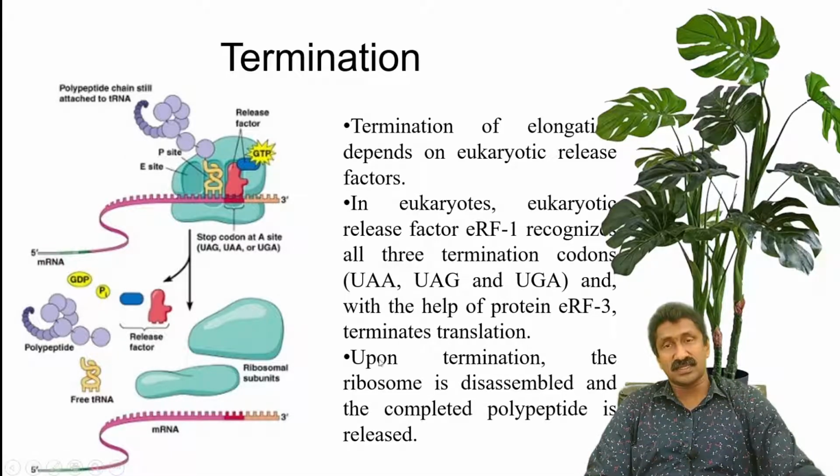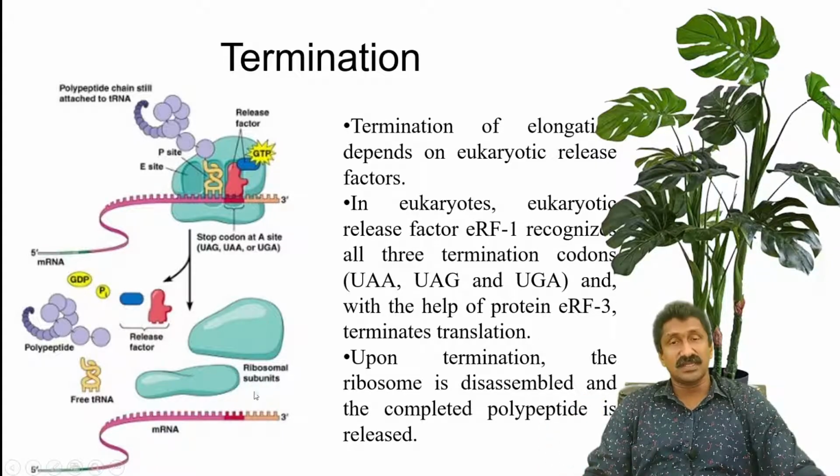Here you can see that there is a termination codon, either one of these, UAG, UAA or UGA. If any of the termination codons is there, the release factor, the eRF1 and eRF3 complex along with GTP, will bind, and that triggers the termination and release of all the components like mRNA, smaller and larger subunits, free tRNAs and peptide.